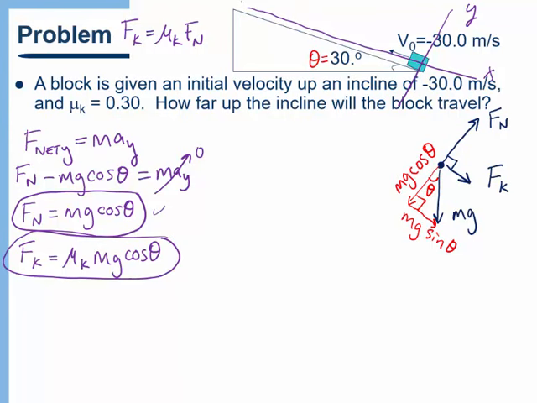Now we're trying to find the acceleration, so let's go ahead and write down Newton's second law in the x direction. F net x equals m a_x, and a_x is what we're trying to find. I've got to look at my free body diagram carefully here.